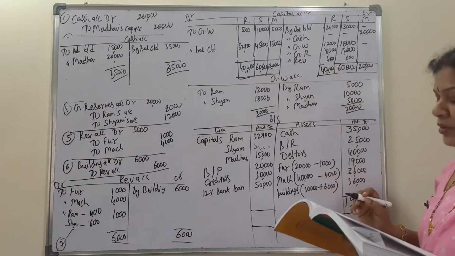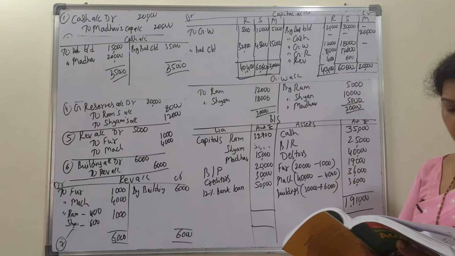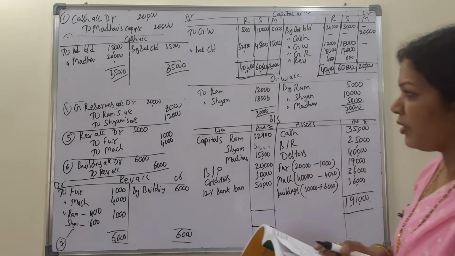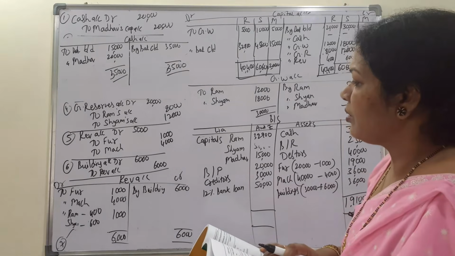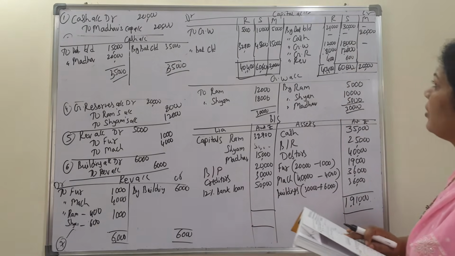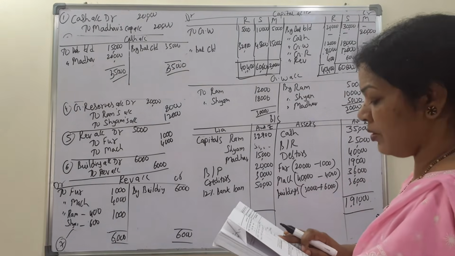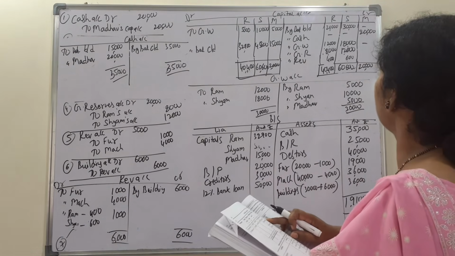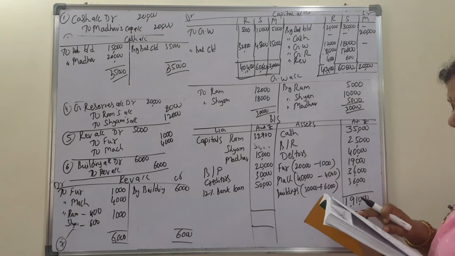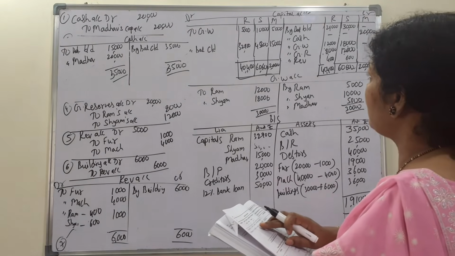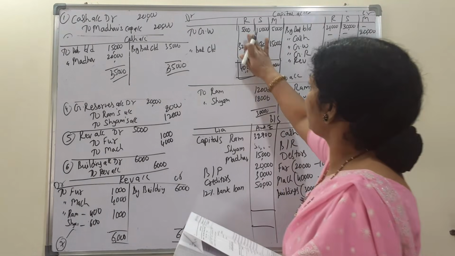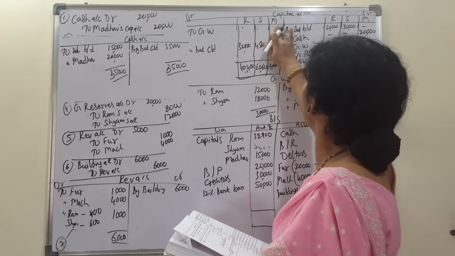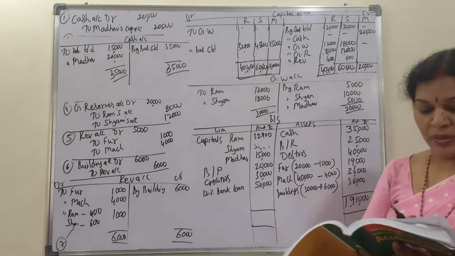60,600 minus 7,500. Goodwill is created 12,000 and 8,000. Okay, return of goodwill. This is also we have taken in a wrong way. 20,000 goodwill.